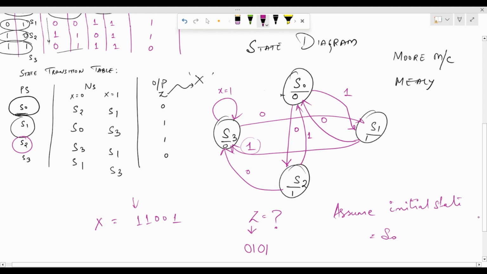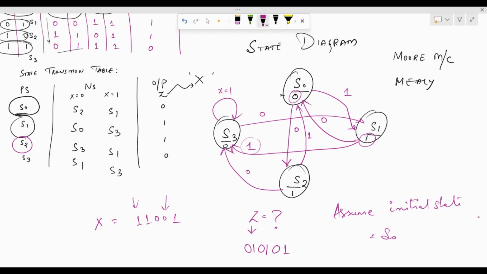Now I'm at S1. Again, I receive the input 0. So when I receive the input 0, it is going to go to S0 where the output is 0. And from S0, suppose I receive the input X equal to 1. When I get X is 1, it is going to go back to S1. The output at S1 is going to be 1.